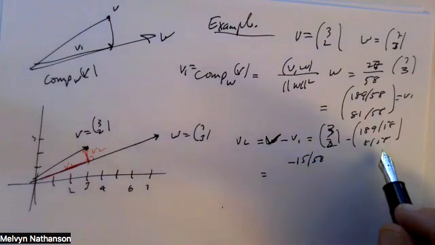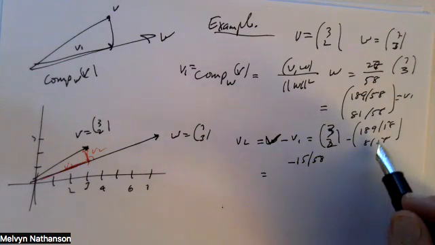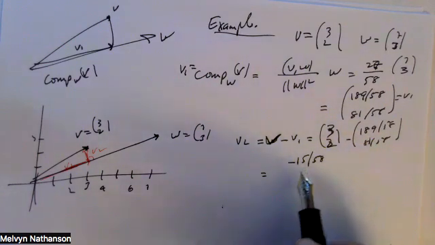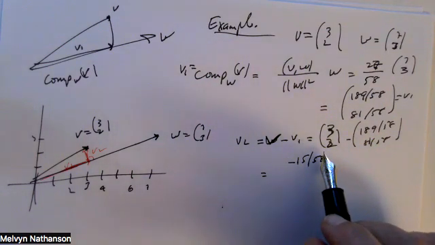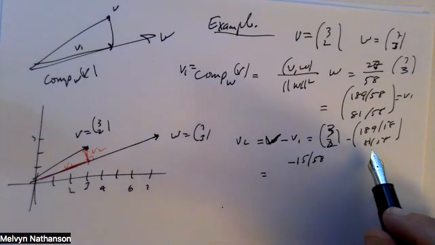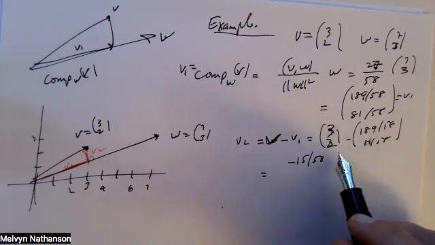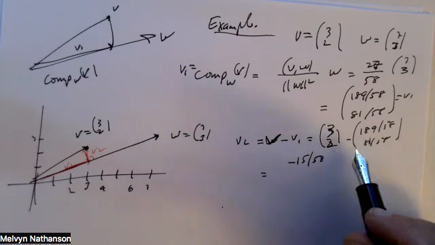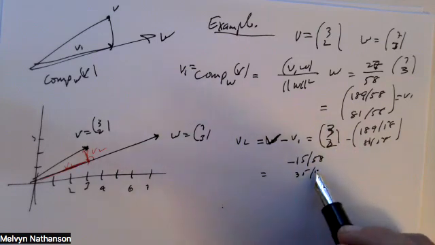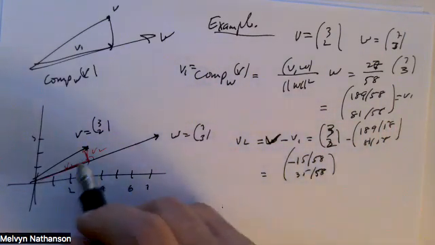And 2 times 58 is 116 minus 81 is 35 over 58. That's V1, that's V2, and that's what they look like.